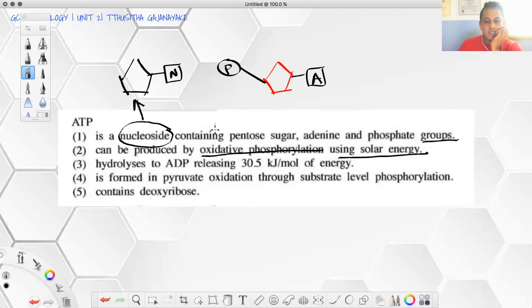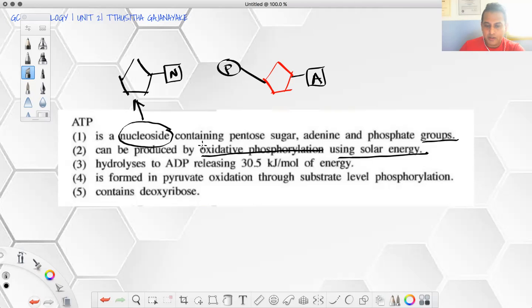Okay, this word, oxidative phosphorylation, you haven't learned, right? Actually, this word, you're going to learn in photosynthesis.